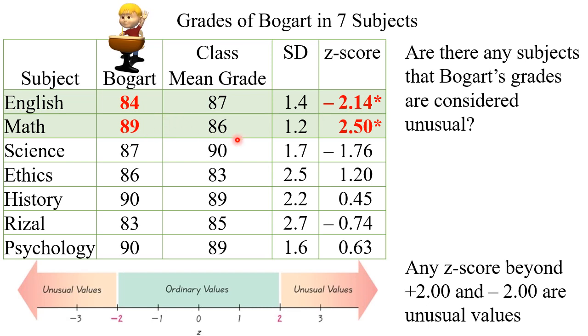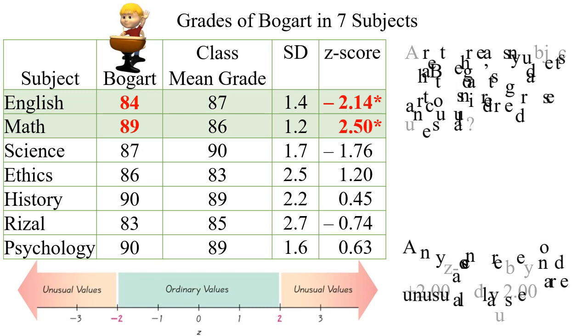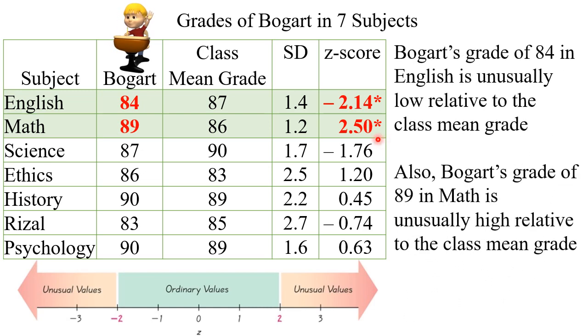While 89, which is equivalent to 2.5, is greater than positive 2, which is again considered an unusual grade because it already exceeded the positive 2. So Bogart's grade of 84 in English is unusually low relative to the class mean grade, while his grade of 89 in math is unusually high relative to the class mean grade.